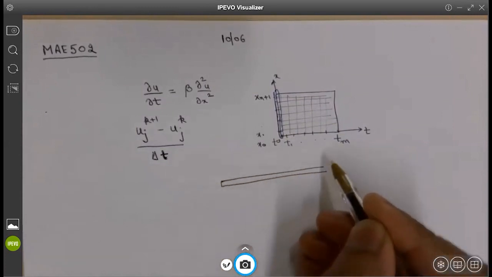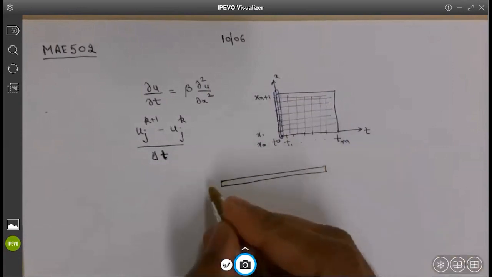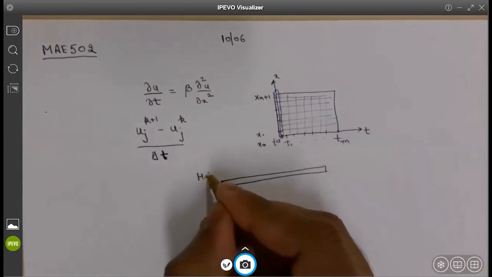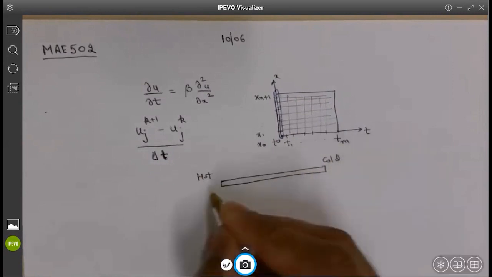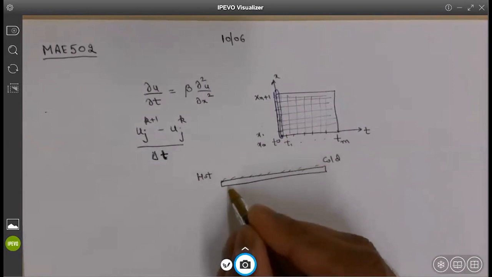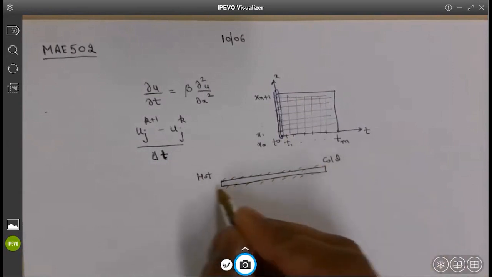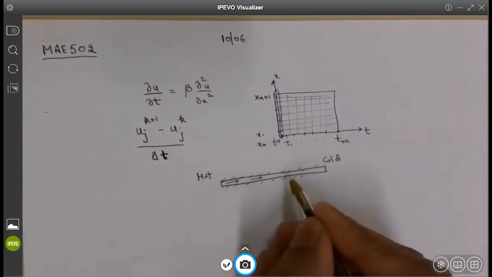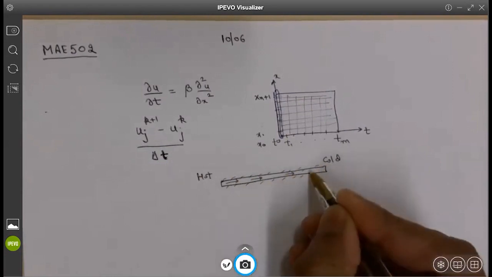The physical domain is a long strip of metallic rod, which has a hot surface and a cold surface, and it is insulated. So you are not worrying about heat loss to the surroundings, and the heat flow is happening in only one direction. That is why it is called the one-dimensional heat equation.